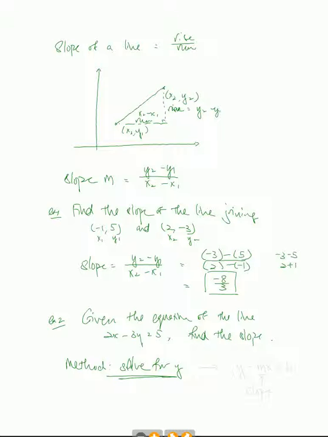What that means is you are going to solve and get y by itself, and with that you find the slope, because when you solve for y, you'll get it to look like y equals mx plus b, and m, which is the number next to x, is called your slope.